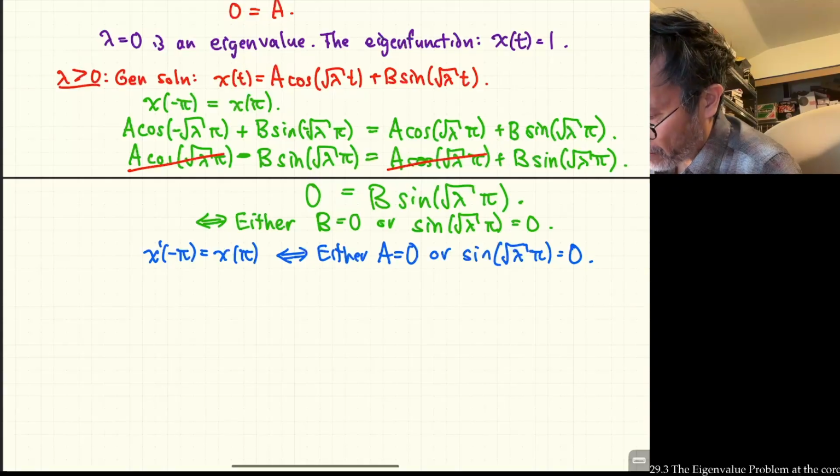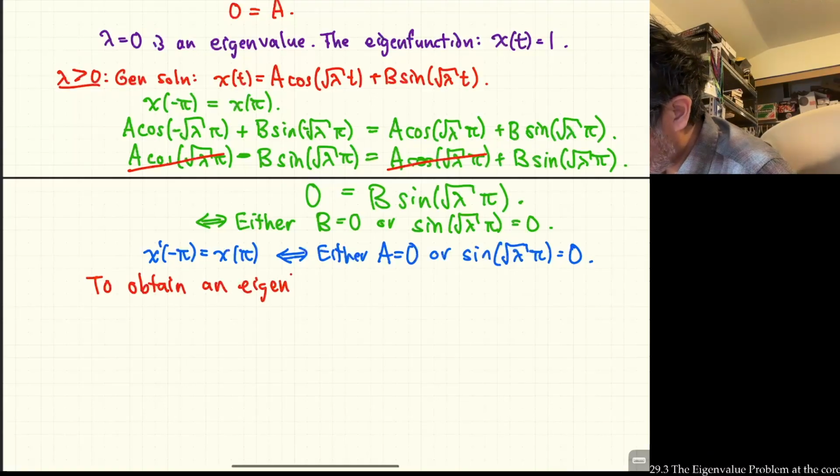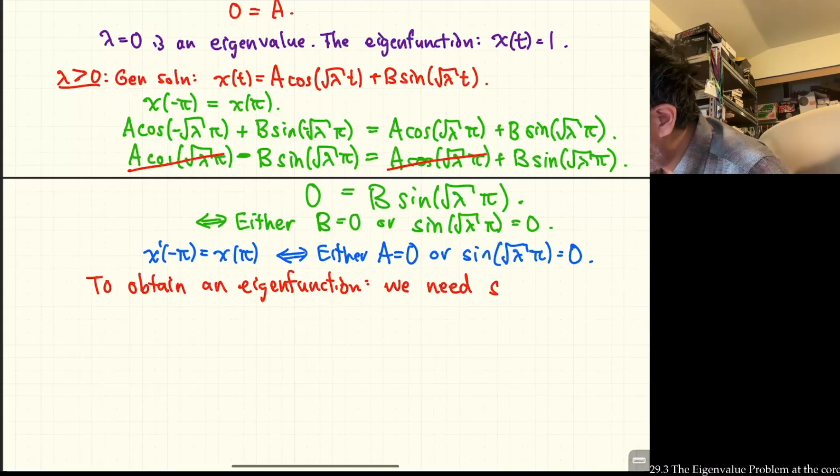So to obtain an eigenfunction, because of the non-zero condition, we need that this sine of square root of lambda times pi be 0.